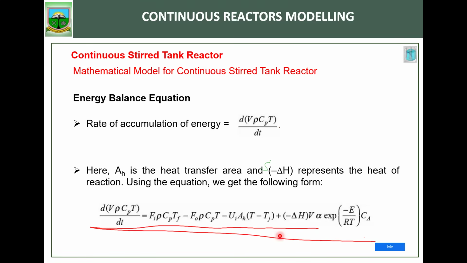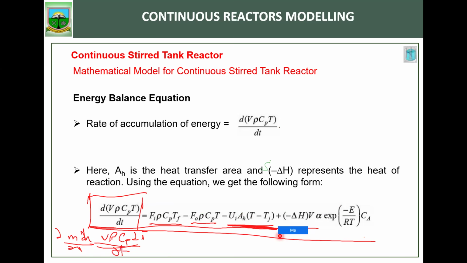So this is the accumulation, right, with respect to temperature, because we wrote the equation as d(mH)/dt, so m is constant, and then H is Cp delta T. This is the input term, this is the output term, this is the energy from the jacket, this is the energy from the reaction.